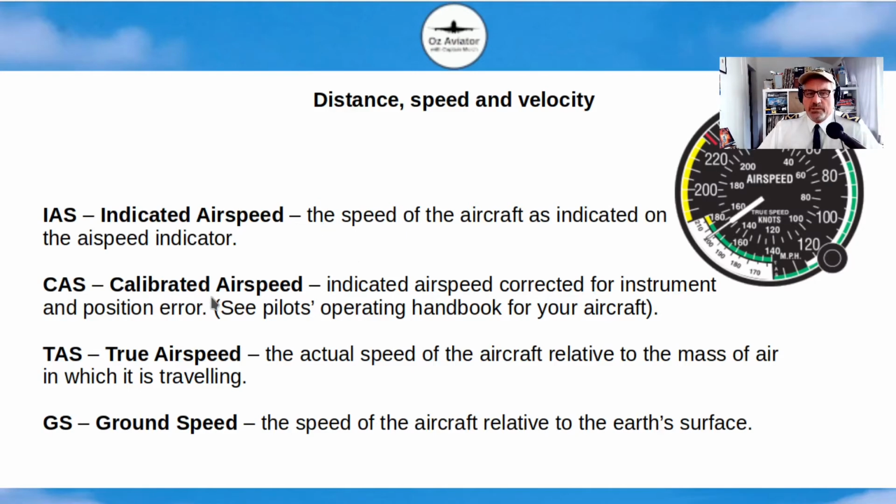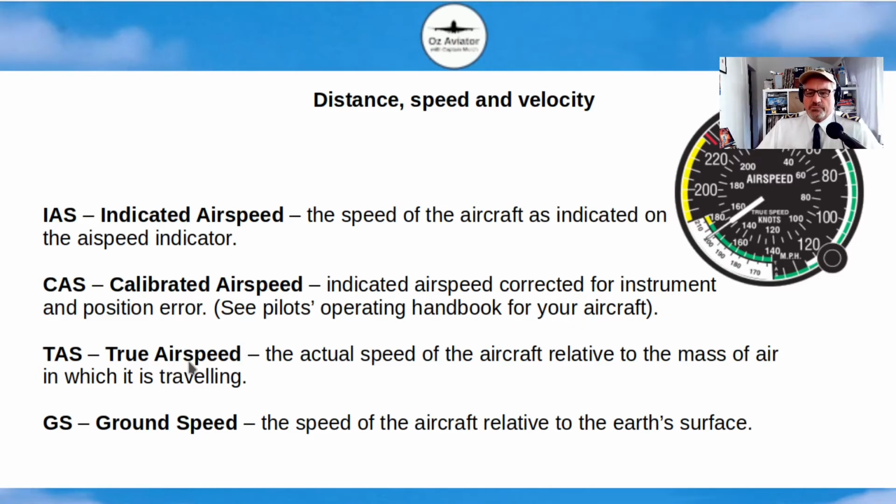This gives calibrated airspeed, and you'll see most aircraft pilot operating handbooks have a chart in there which will show you how much the indicated and calibrated airspeed vary. It's usually not a lot, but for accurate navigation, it's good to know.